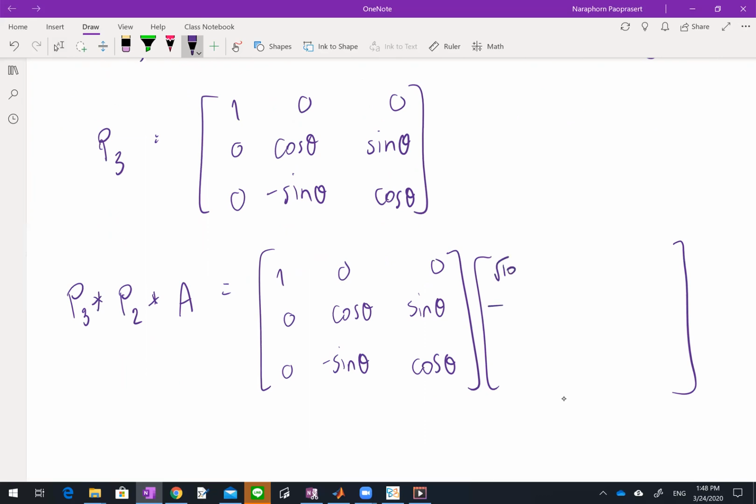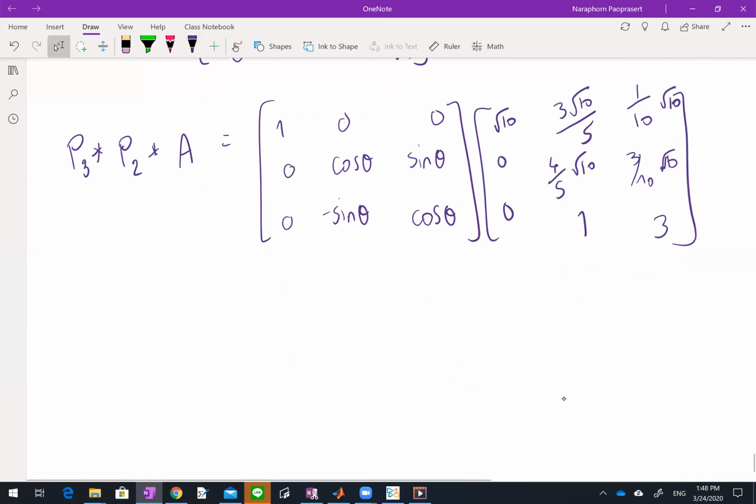square root of 10, 0, 0, 3 square root of 10 divided by 5, 4/5 root 10, 1, 3, 3/10 root 10, and finally 1/10 root 10. So you multiply things up. In the first column, you have square root of 10, 0, 0, right?